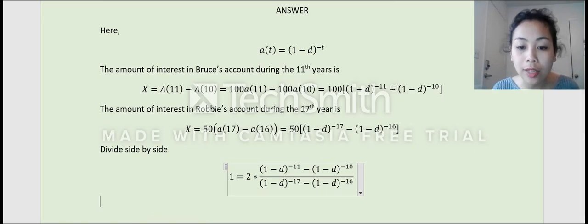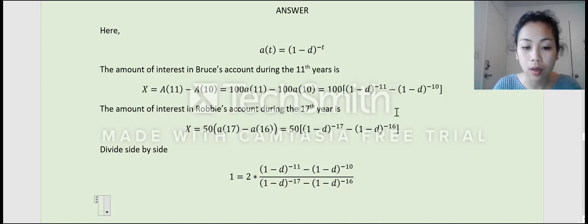Now we are going to factor out powers of (1 minus d) to cancel it. So we have 1 over 2. I'm going to move 2 to the other side to make it simple.